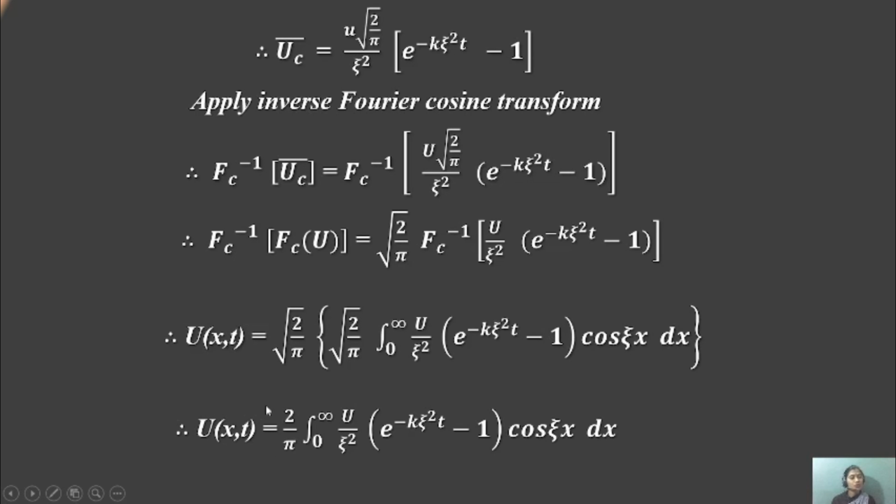Means u x t equals 2 by pi integration 0 to infinity u by xi square e to the power minus k xi square t minus 1 cos xi x dx. This is the equation that will be generated.